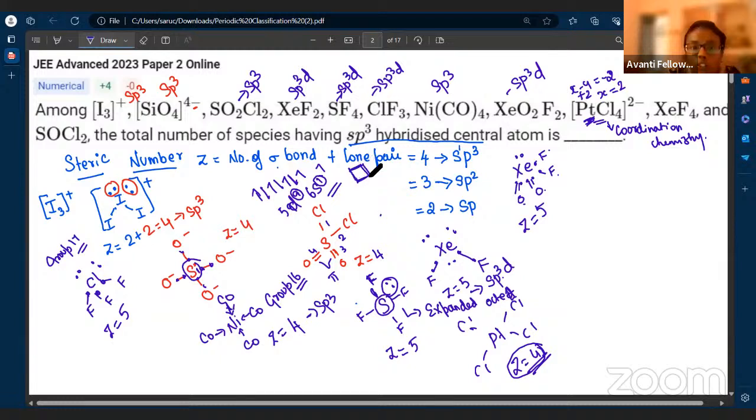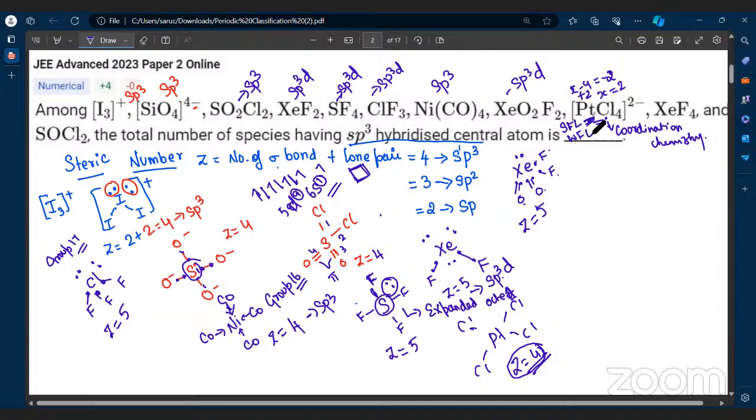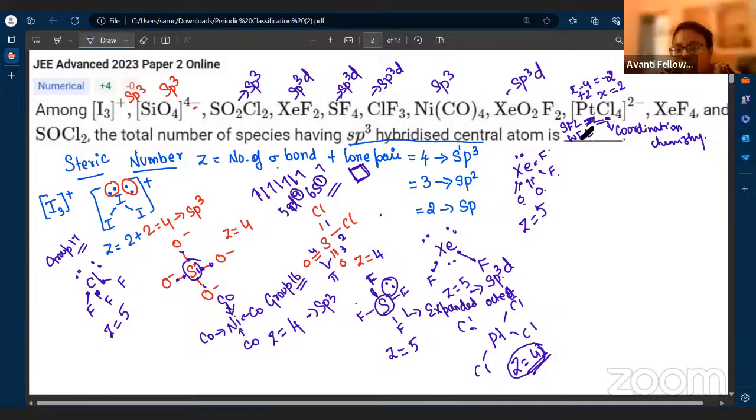You have to see whether this chlorine is a strong field ligand or weak field ligand. Chlorine is a weak field ligand. Then does pairing take place there? No, pairing will not take place.